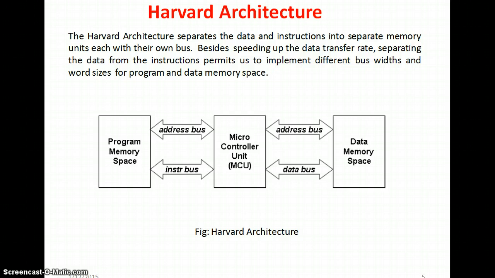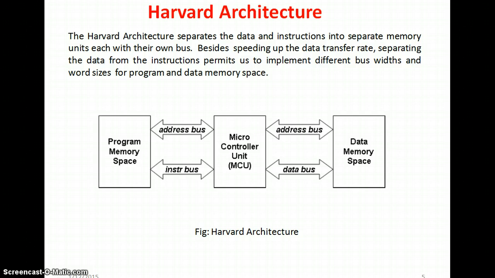In this figure, two separate memories are used: program memory and data memory. And these two memories are connected to the MCU, microcontroller, through separate buses. Now, using this architecture, you can increase the speed.